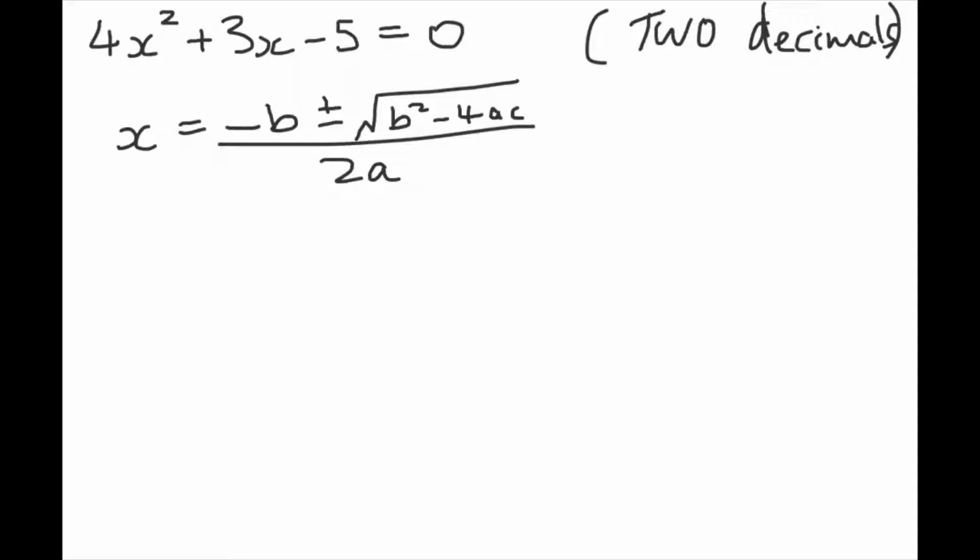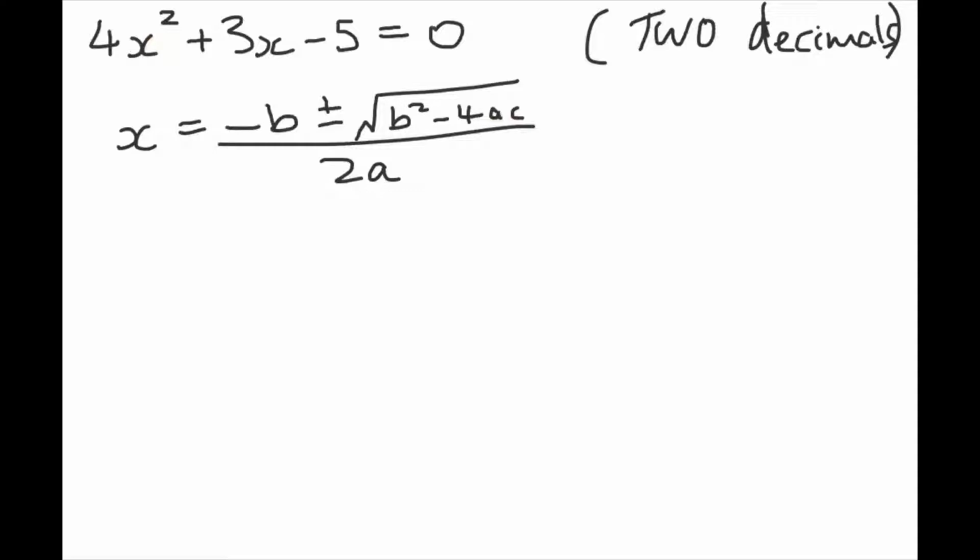If you see solve for x and they say correct to 2 decimal places, then you already know you're going to use this formula, because you're not going to have whole integers. You're going to have an answer with at least a decimal place, or in this case 2 decimal places. Just to identify, here you see an a and a b and a c.